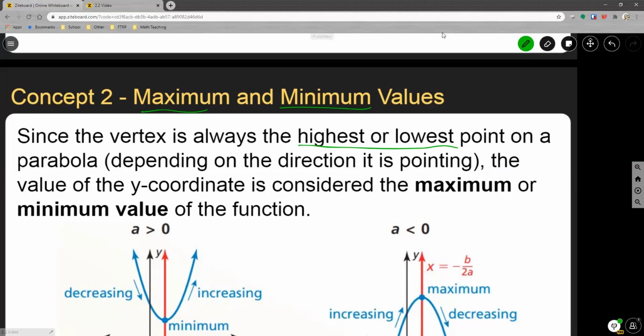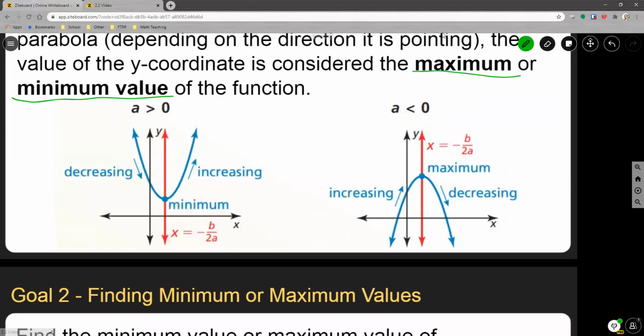The value of that y-coordinate for the vertex is considered either the maximum or the minimum value of the function. In other words, if I've got a parabola that's pointed up, like right here, that vertex is considered the minimum because it's the lowest value, and that minimum value is described as whatever the y-coordinate is. So if this was at, I don't know, 2, 3, that would mean that the minimum would be 3, the y value of that point.